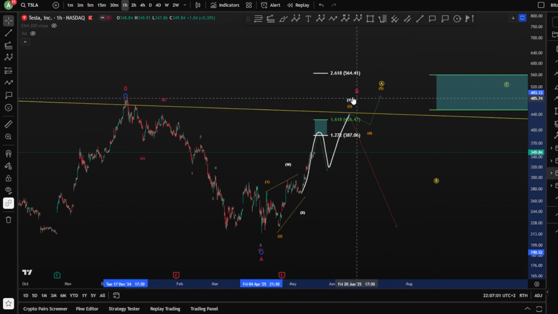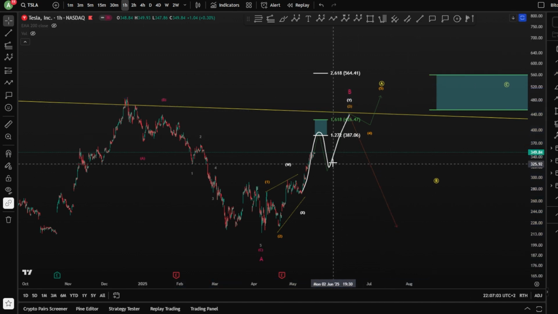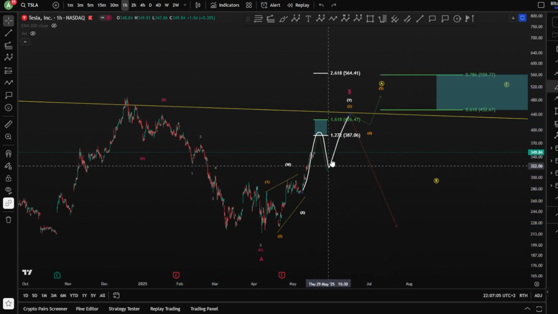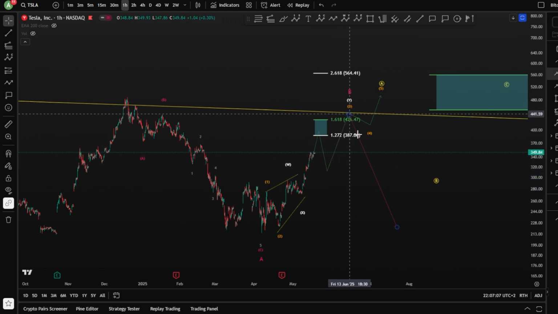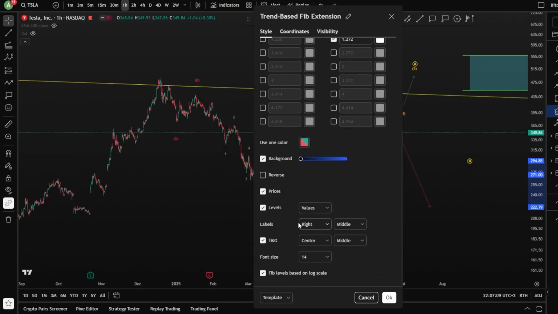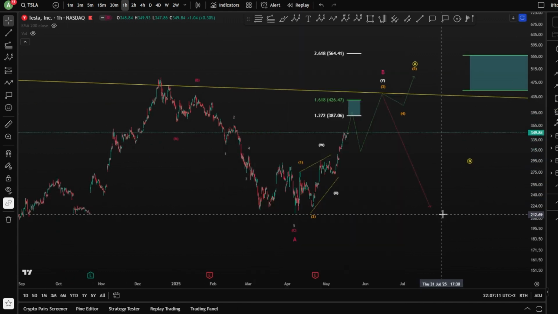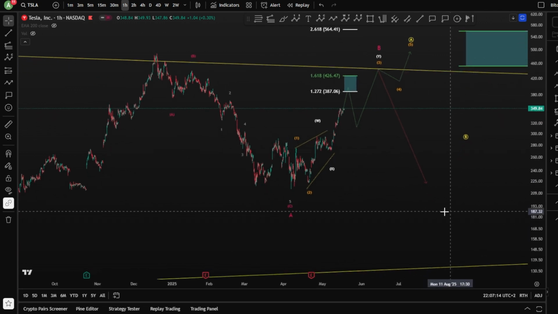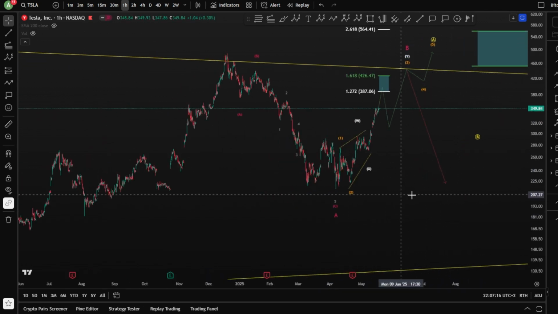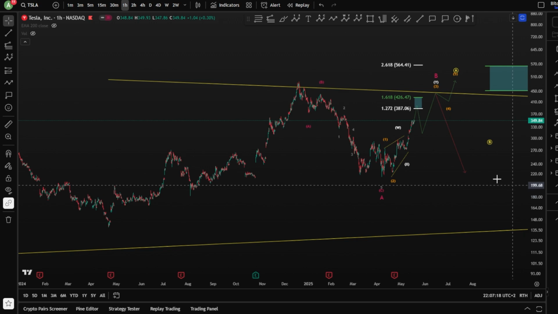Okay, bearish. Here we go. This might be the wave B. So this is the path and the crossroads that I'm looking for, guys, on Tesla. So we're going to see how this is going to unfold in the next weeks and months, I think.